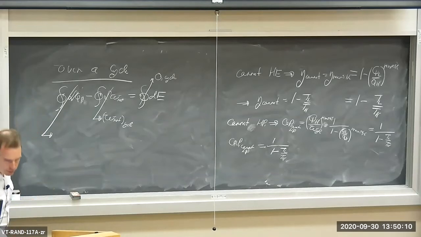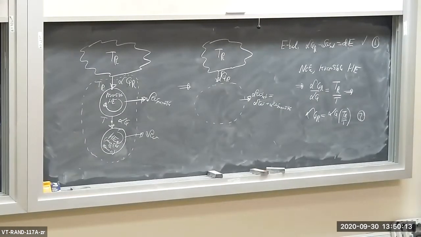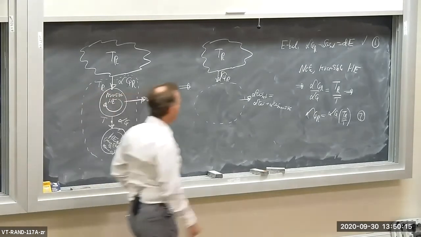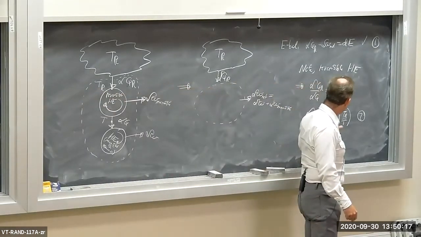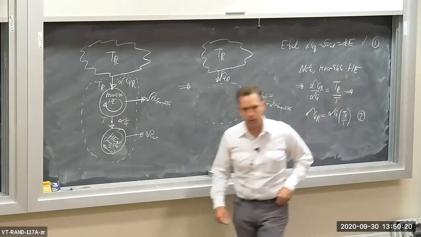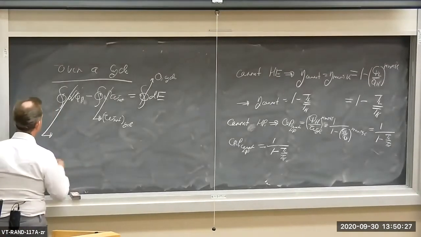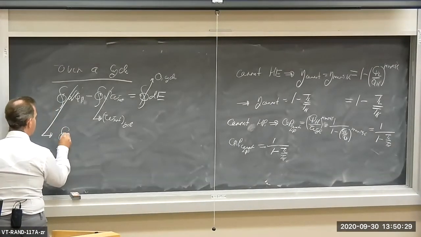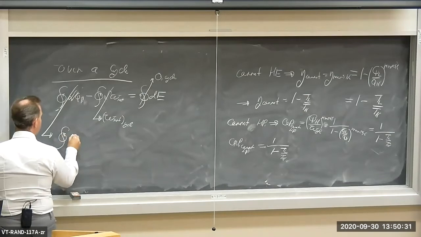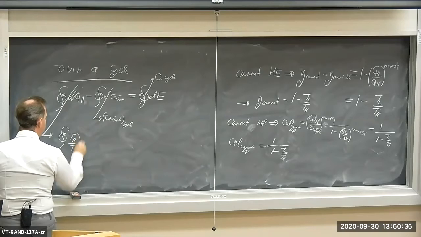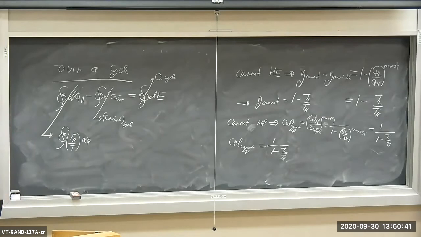Remember, equation 2 gave us the differential heat transfer, del QR equals del Q TR over T. So I'm going to substitute that into the integrated heat transfer for my composite device. So I have a cyclic integral of TR over T del Q. That's what my cyclic integral for the heat transfer becomes.